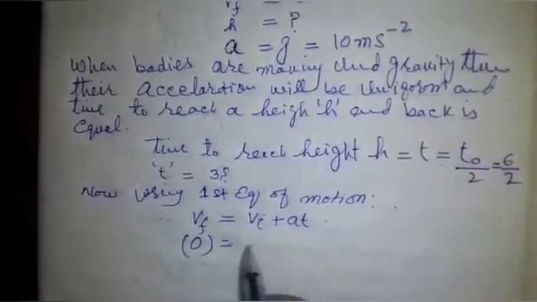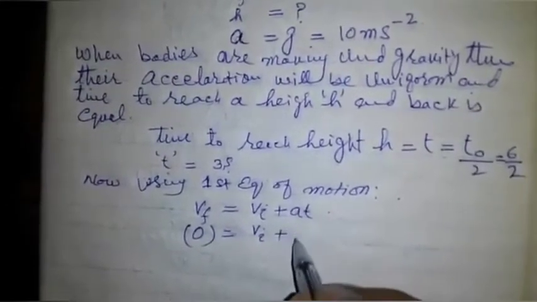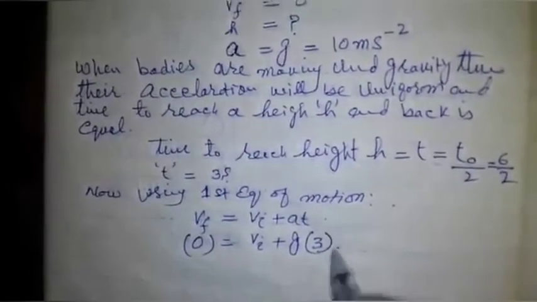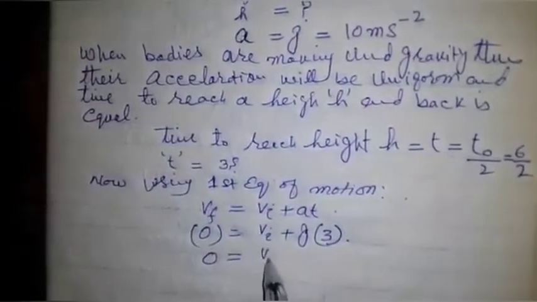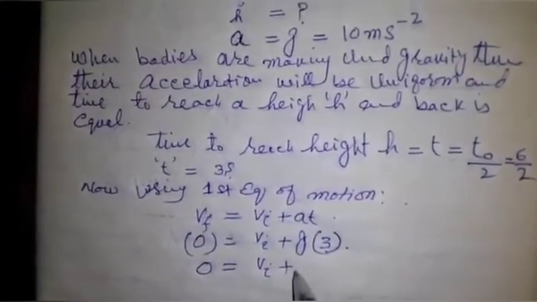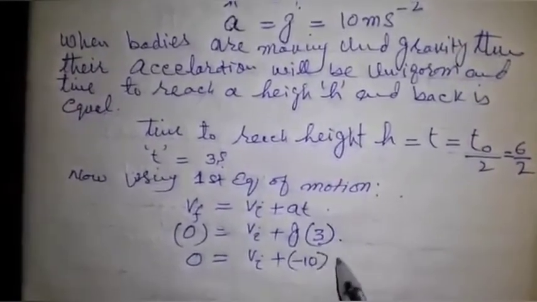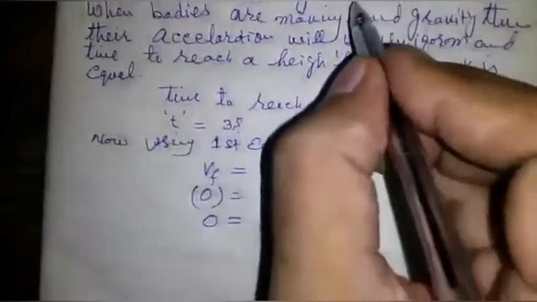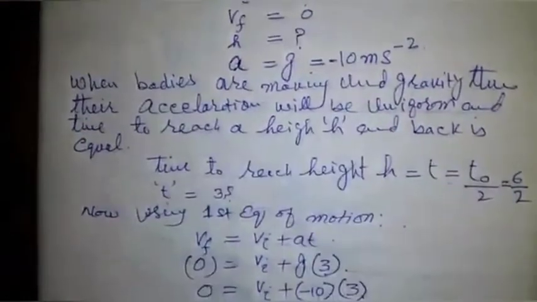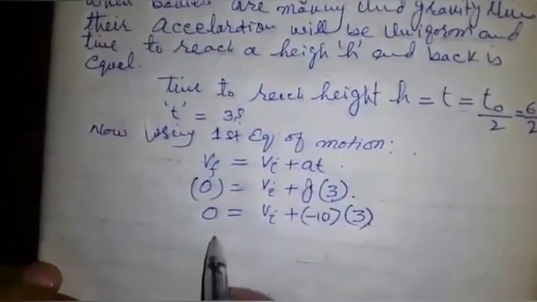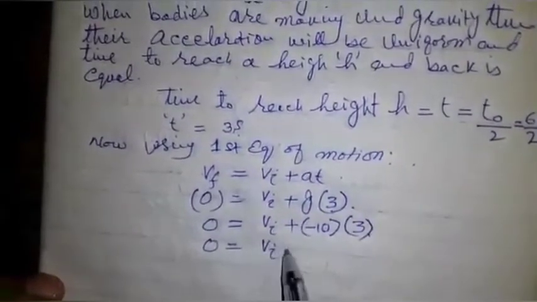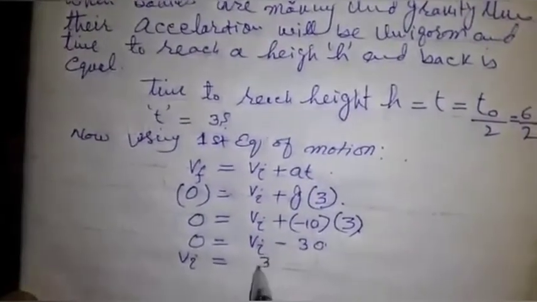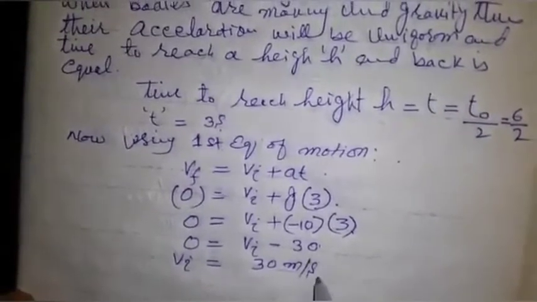Vf is equal to 0, Vi we have to find, plus we use here a is equal to g into 3. 0 is equal to Vi plus minus 10 into 3, because the ball is thrown upward, so its acceleration is negative. 0 is equal to Vi minus 30, or Vi is equal to 30 meter per second.